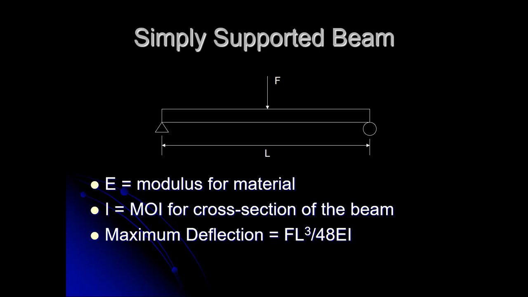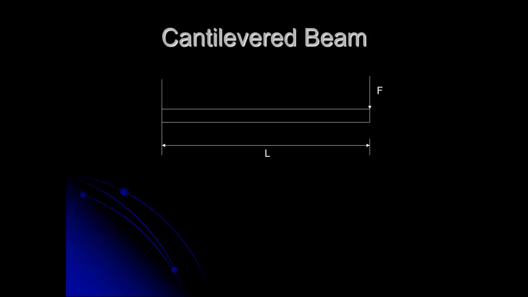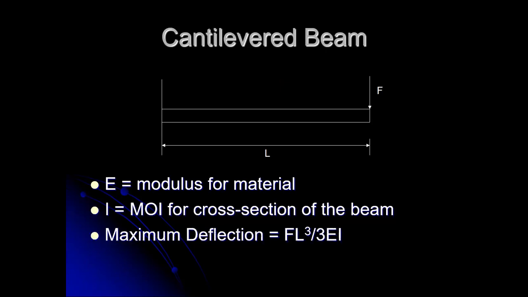And max deflection for a cantilever, which is what's on the next page, the cantilevered beam, is similar, FL cubed, but it's over 3 EI. We get 16 times more deflection.